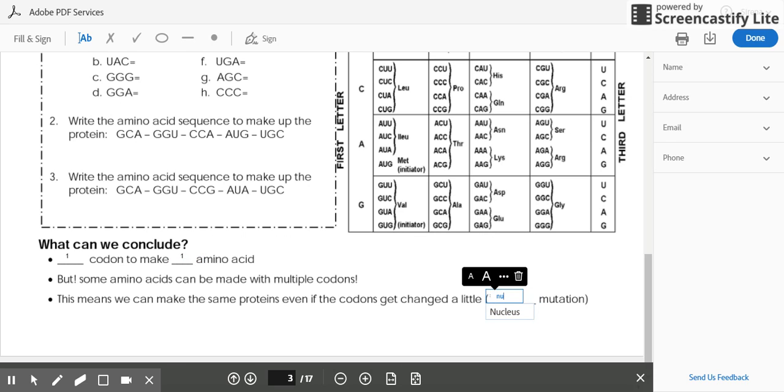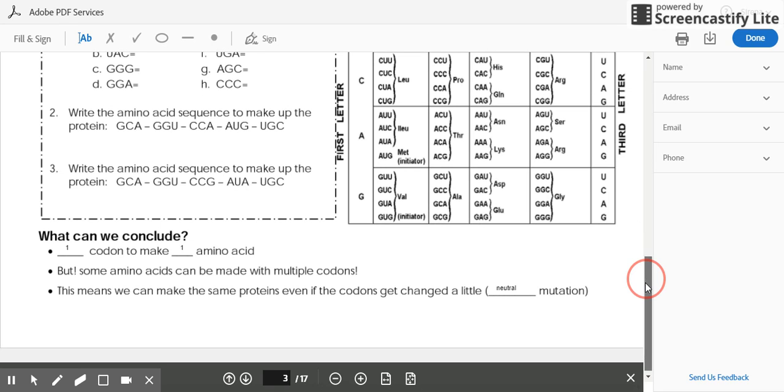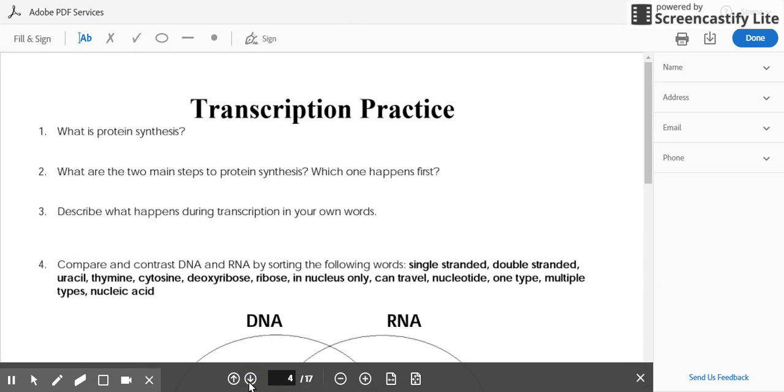And this is called a neutral mutation, because it has no effect on you.